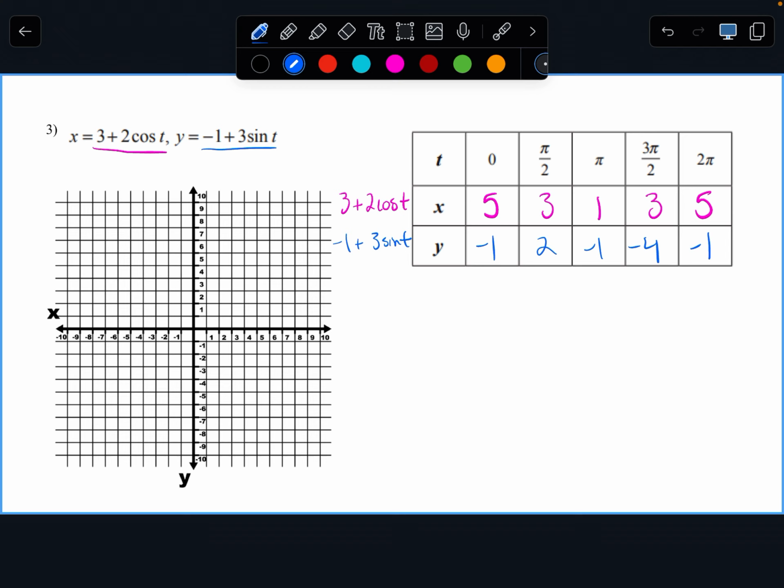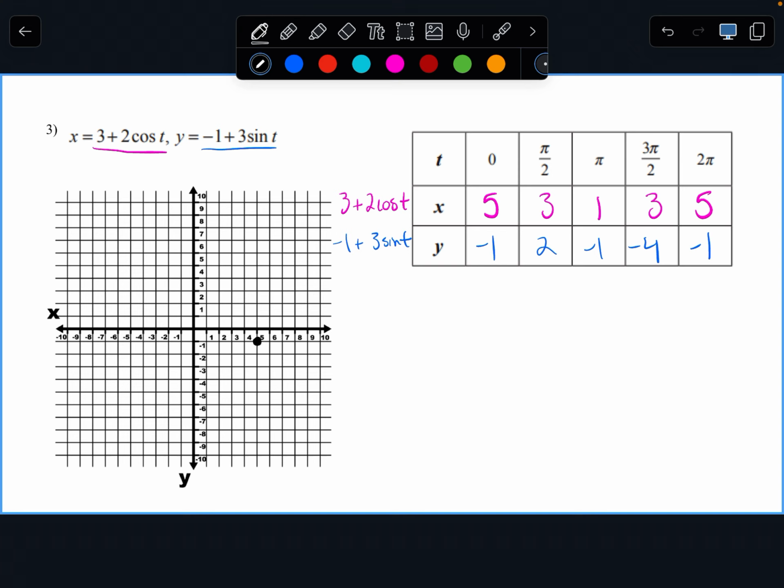Okay. All right, so now if you graph it, are you guys excited like I am? You ready? You're going to graph. You're going to go 5, negative 1.